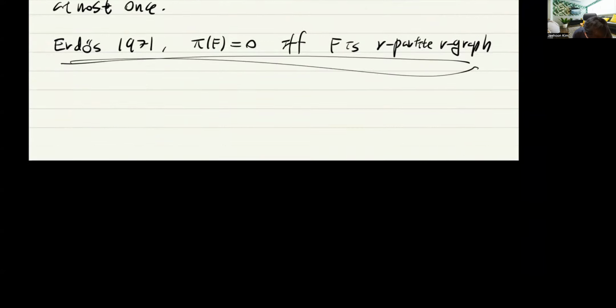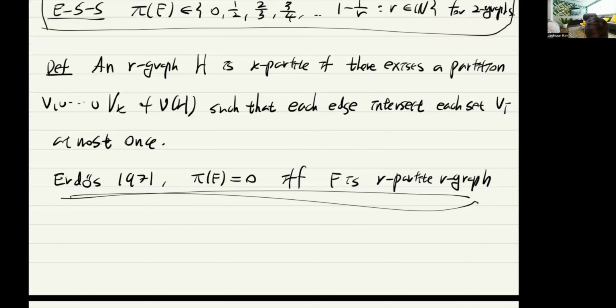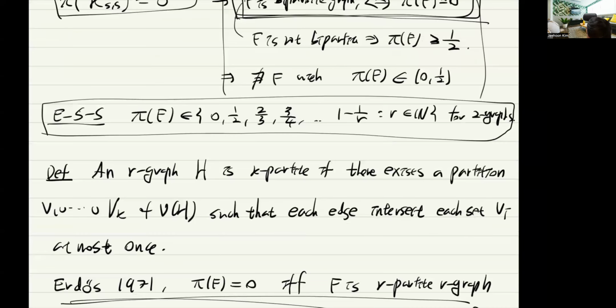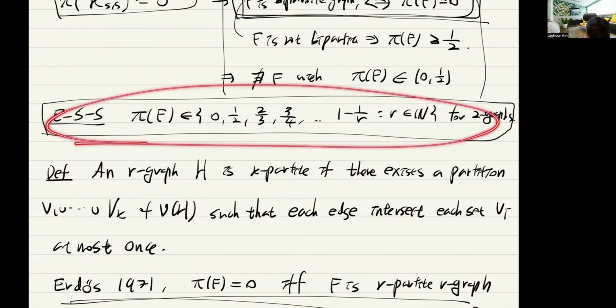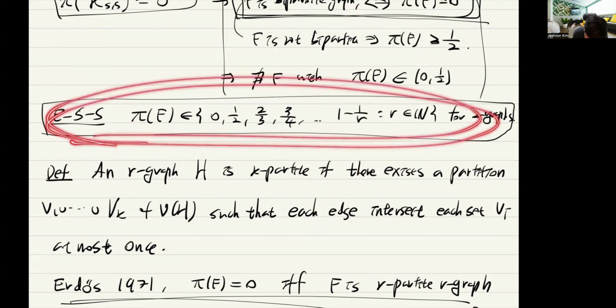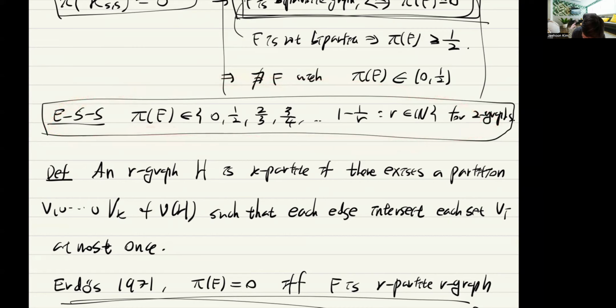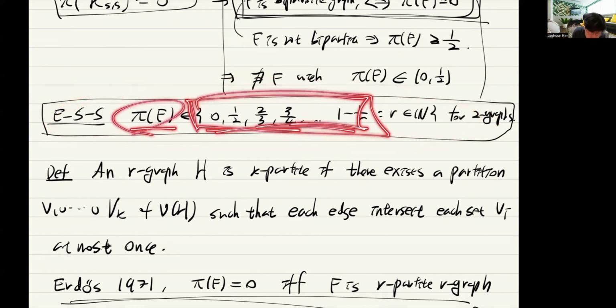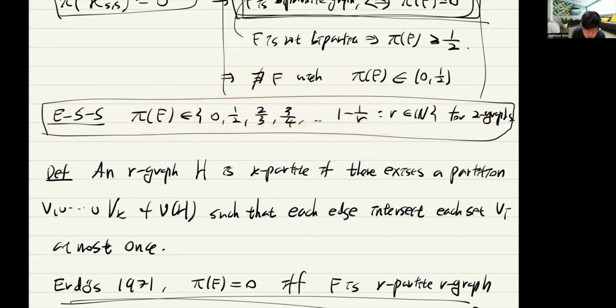So before proving this, maybe let's discuss a bit about the generalization of this to hypergraphs. For graphs, we know that only certain numbers can be the Turán density of a graph. Then for hypergraphs, what happens?